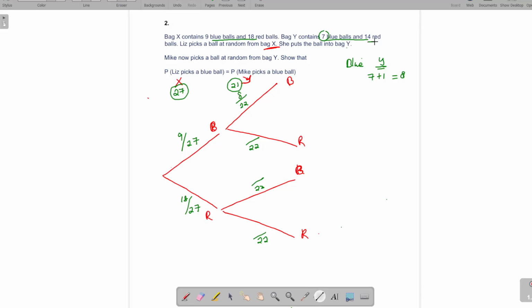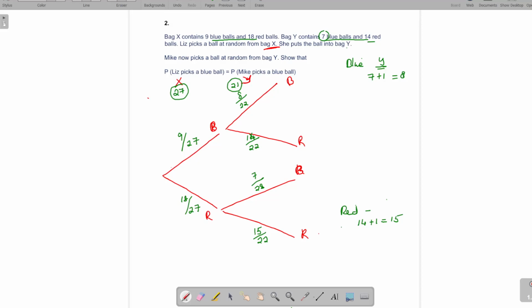The red won't change, so it's 14 over 22. If Liz picks a red ball, the blue won't change, so it will be 7 over 22. But this will go to 15 over 22, because the red in Y, 14, would have added to 15 because she picked a red ball and put it in there.